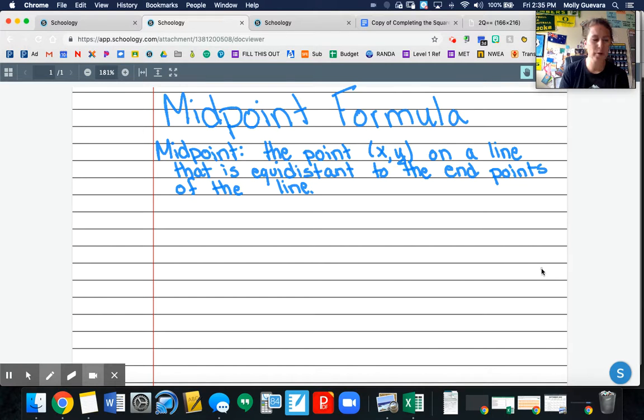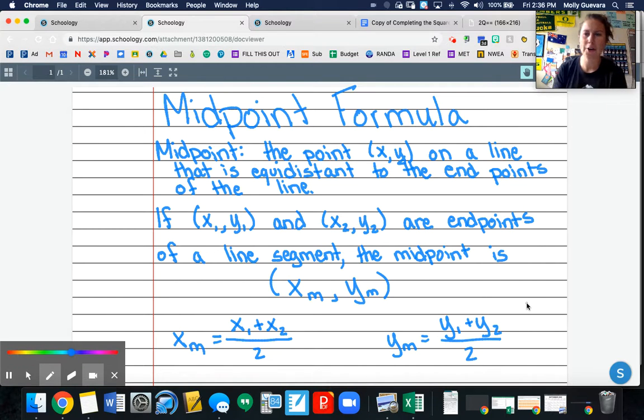Okay, so now we are going to define the midpoint formula and talk about how we get the midpoint. So here is the midpoint formula. If I have an x1, y1, and an x2, y2, and those are my endpoints, the midpoint we label xm, comma ym, where the m stands for midpoint.